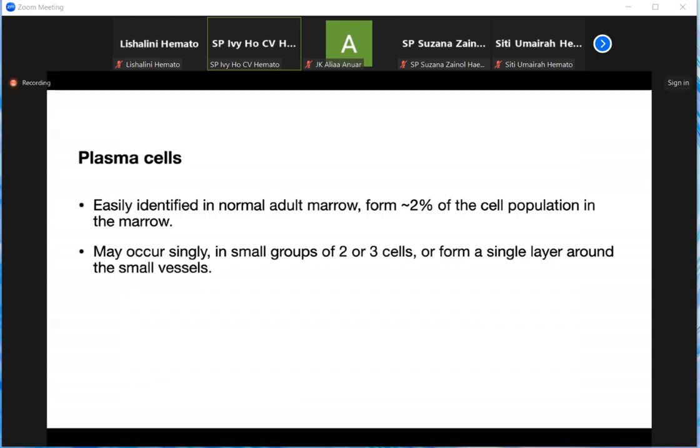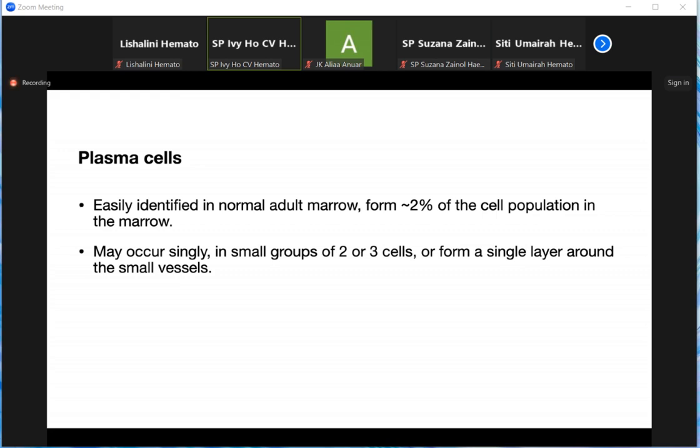Now let's move to plasma cells. Plasma cells are quite easily identifiable in normal adult marrow, and I'm sure every one of you by now will know how plasma cells look, because their size is bigger and they have abundant cytoplasm with a special bluish color, so it's easy to recognize them whether they are in the aspirate or in the trephine.